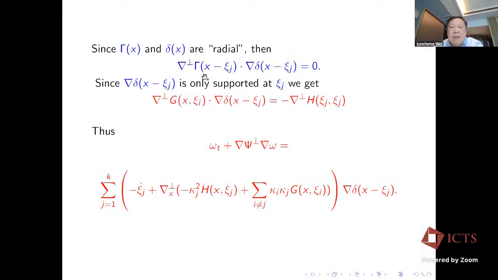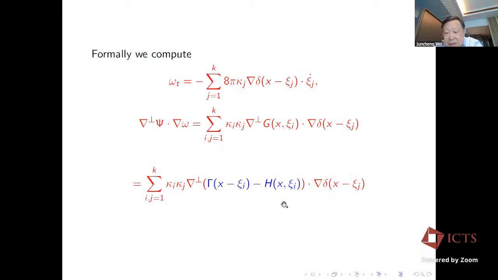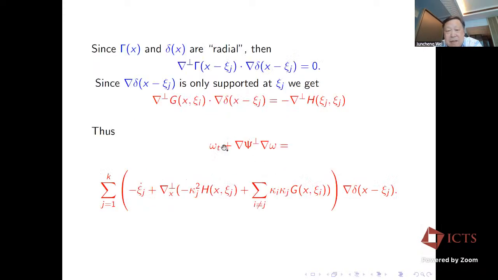And since both gamma and the Dirac are radially symmetric, the inner product of these two terms becomes 0. And so we only get this term. This is a formal computation.